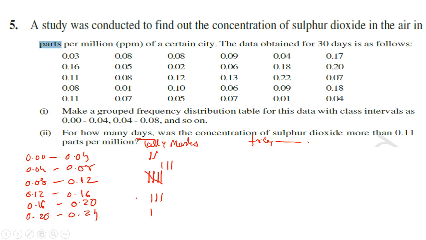Okay, you tell me finally how many frequencies are there in which interval, because I haven't made the table, so it is not properly written. When you complete, you tell me.